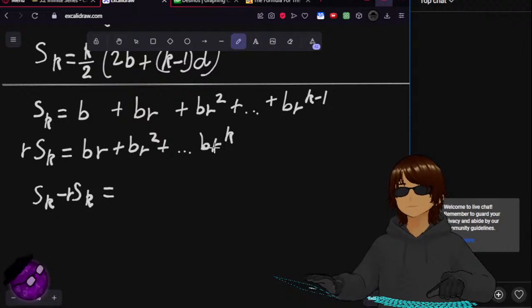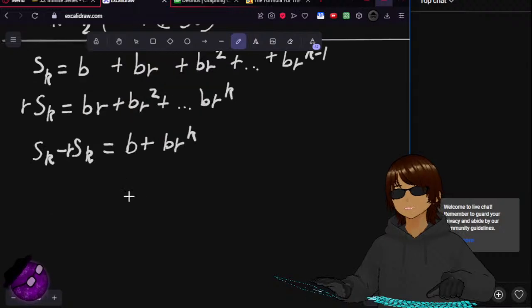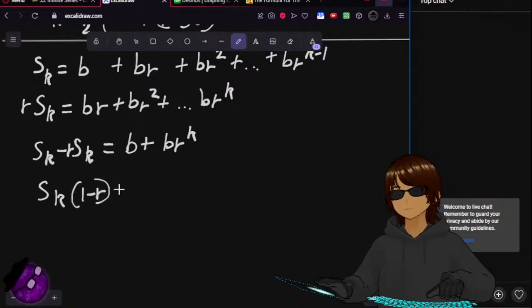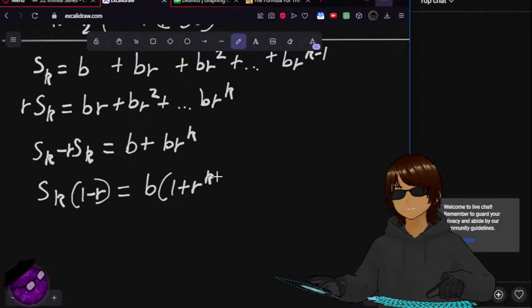Then we are left with b minus br to the power of k. And then I can extract s_k out: s_k times 1 minus r equals b times 1 minus r to the power of k.